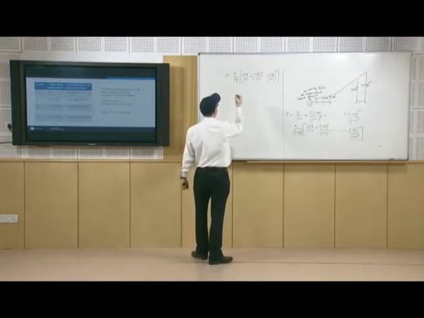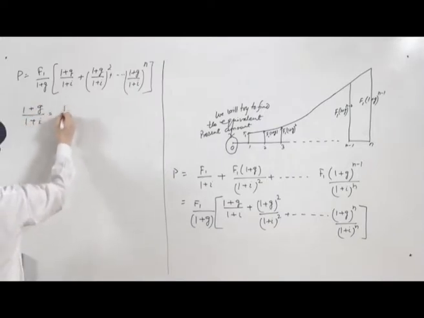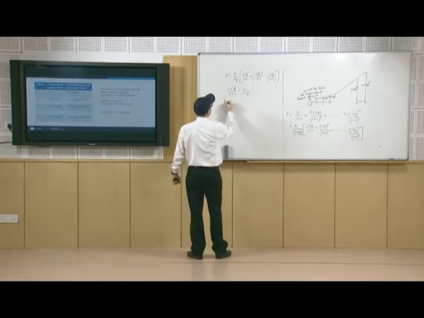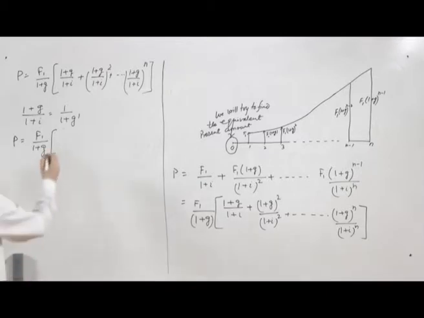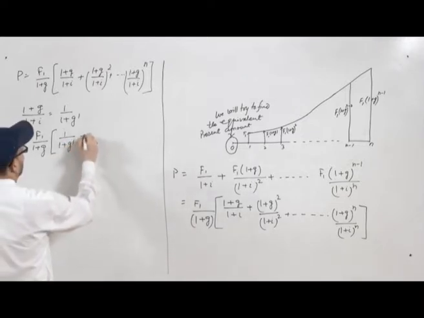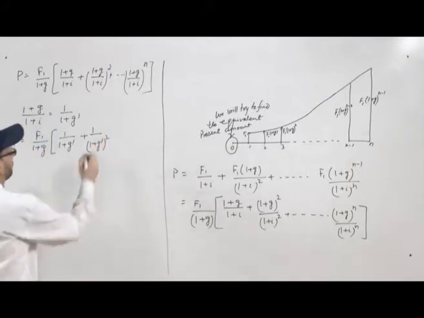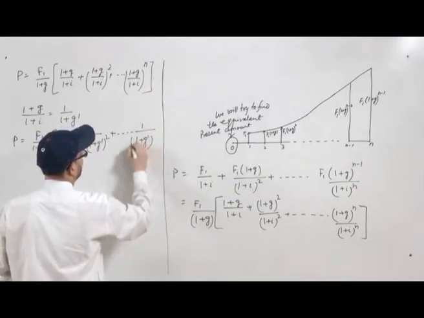Now, for solving this, let us assume 1 plus g upon 1 plus i as 1 by 1 plus g prime. So you can write this series as P equals f1 by 1 plus g, times 1 by 1 plus g prime, plus 1 by 1 plus g prime whole square, plus dash dash, 1 by 1 plus g prime to the power n.